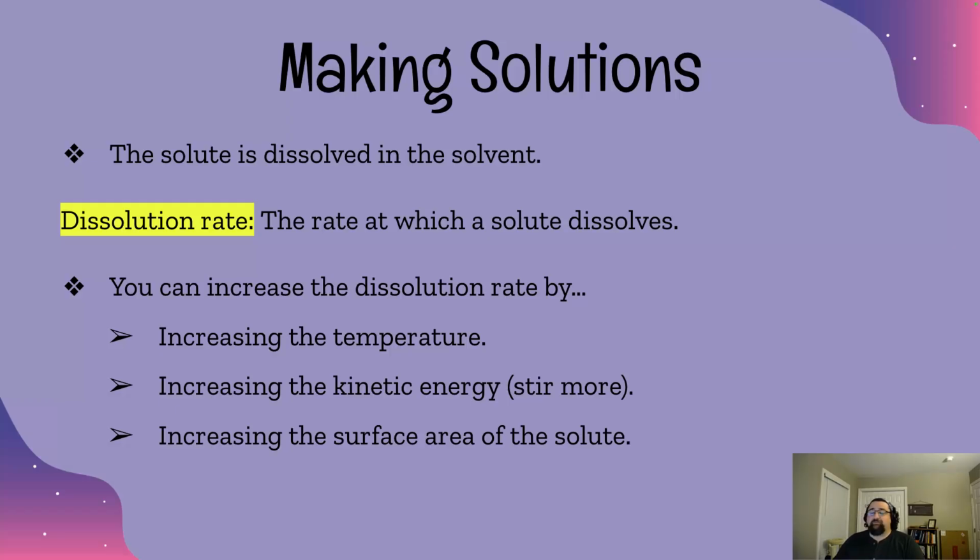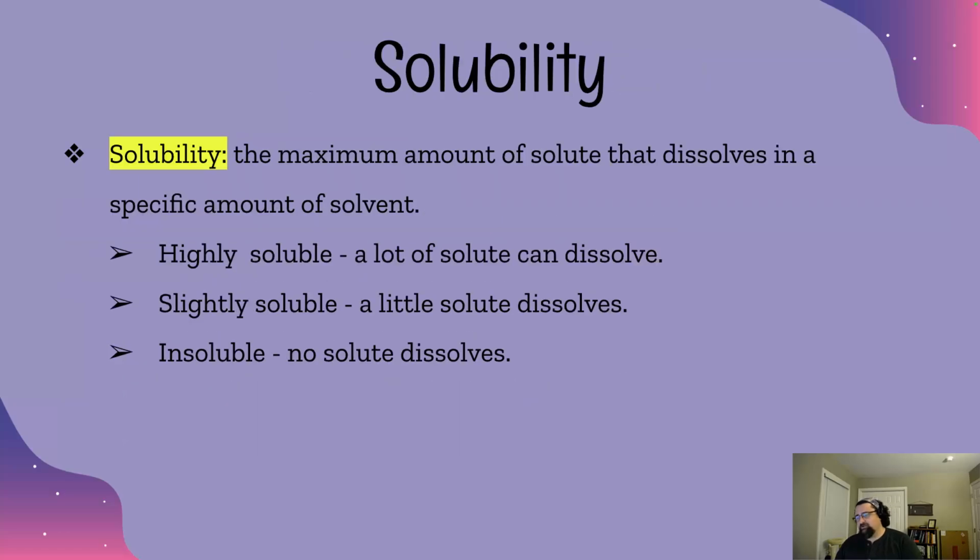Or we can increase the surface area of the solute, which means you could take a sugar and grate it down so it's smaller particles. There's more surface area, there's more interaction between the solute, what's dissolving, and the solvent, what it's being dissolved in. So that water-sugar interface occurs just more.